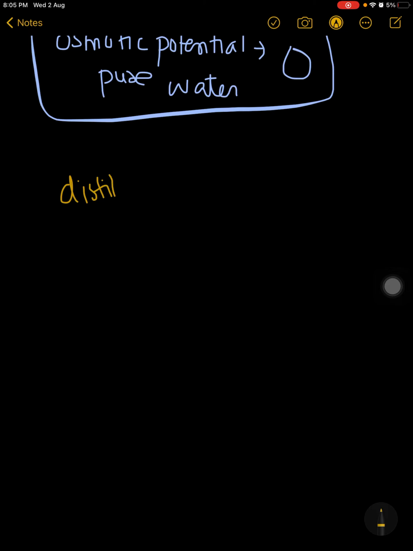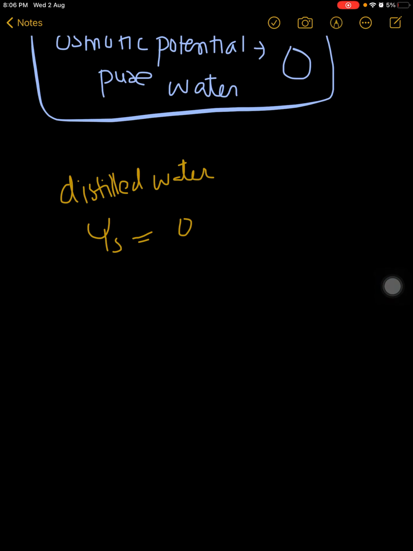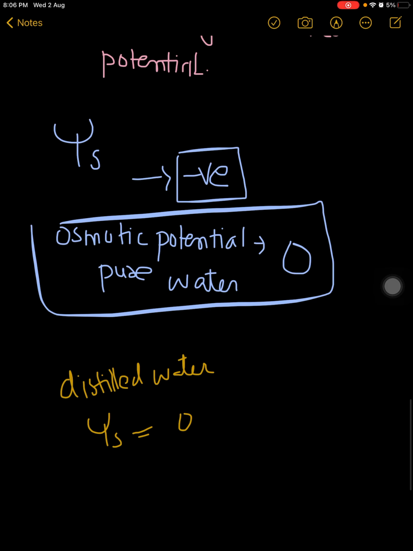Now keep this one thing in mind, that as I said, this osmotic potential is always negative, right?